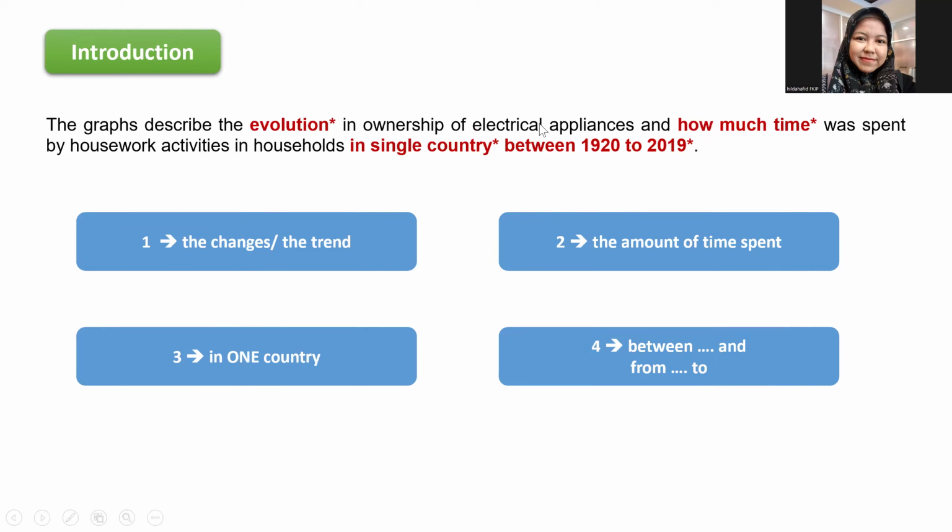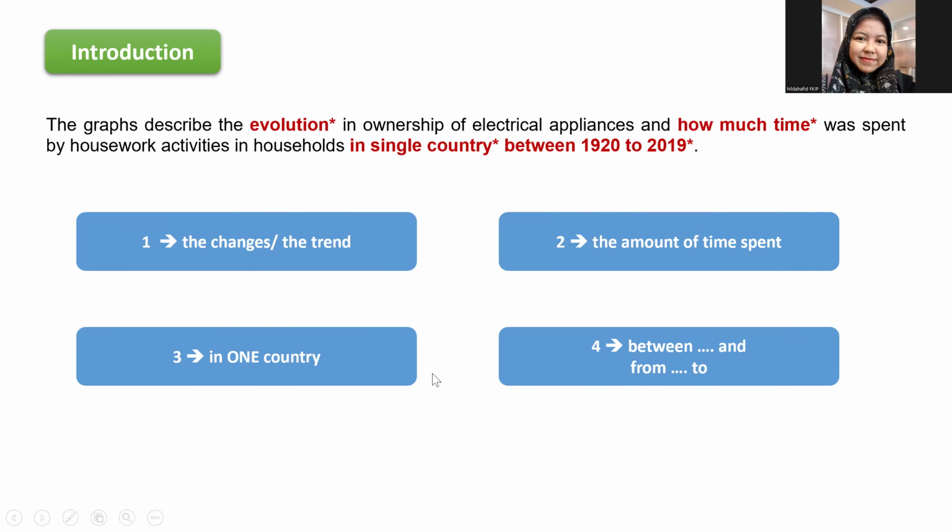Well, actually, the preposition should be matched with the previous one. So if you use between, you have to use and here. Between blah blah blah and. Or if you want to use to, you should change between into from. So from 1920 to 2019 or between 1920 and 2019.